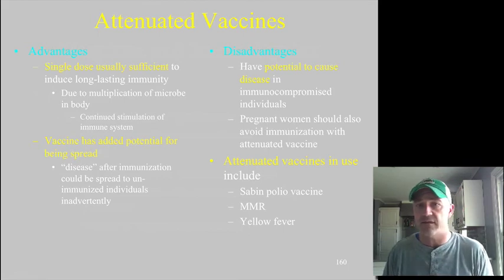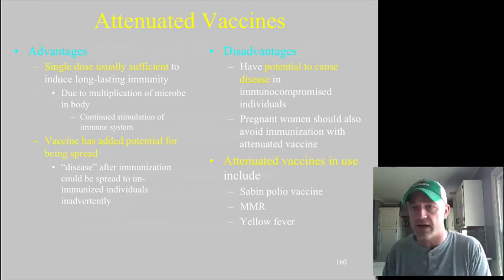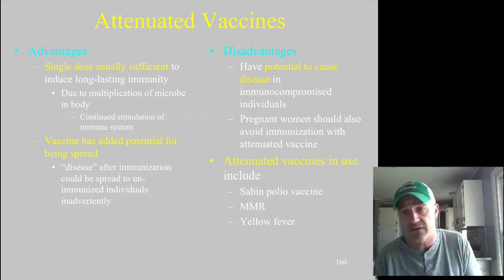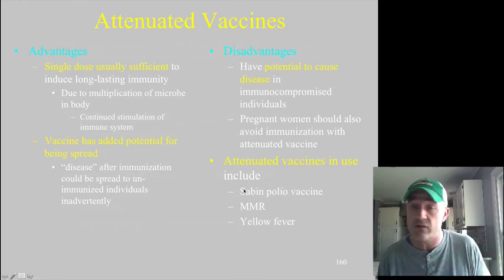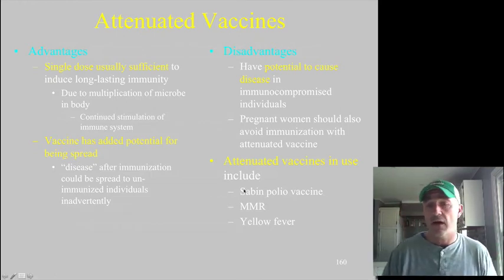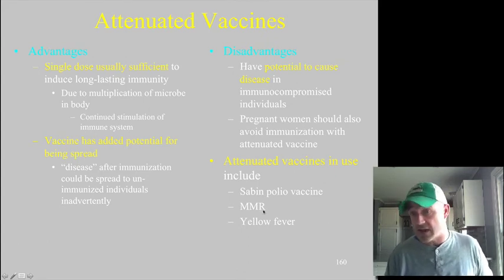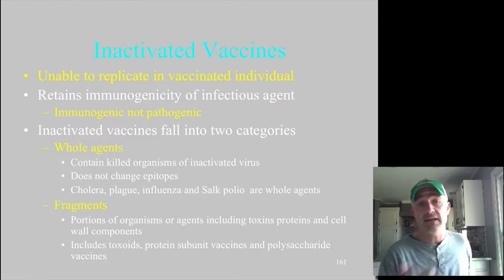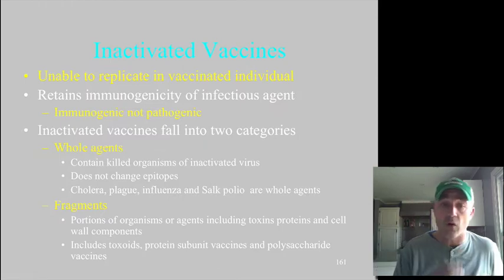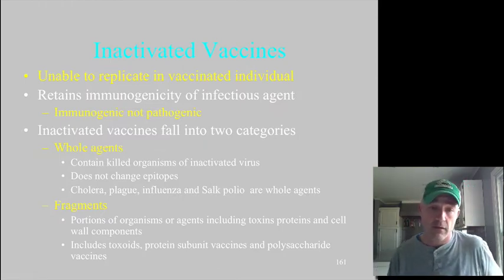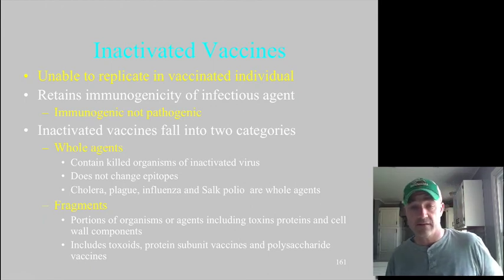A lot of times these live attenuated ones, if somebody's immunocompromised, they can be an issue. If somebody's pregnant, they can be an issue. Some examples of this are yellow fever, measles, mumps, and rubella, which are attenuated vaccines. Inactivated ones, sometimes these are the whole thing killed off, other times it's just fragments.